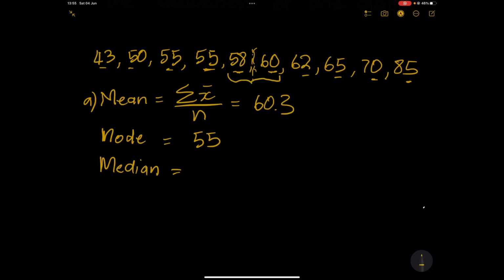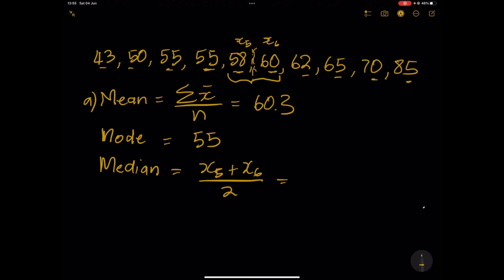So let's call this x5 and x6, right? I'm going to take those numbers and add them up. So that's x5 plus x6 divided by 2.